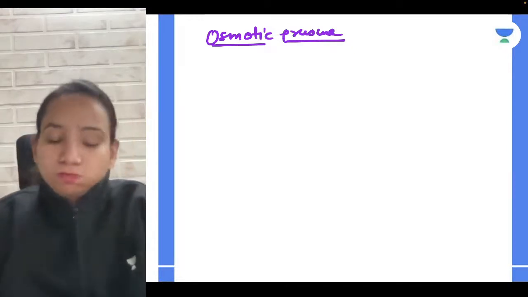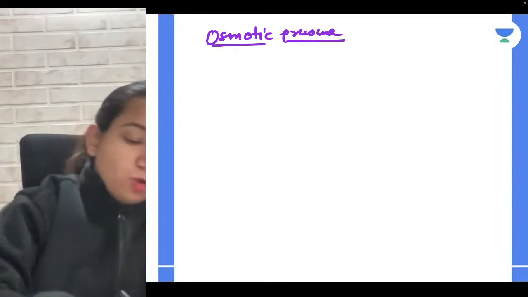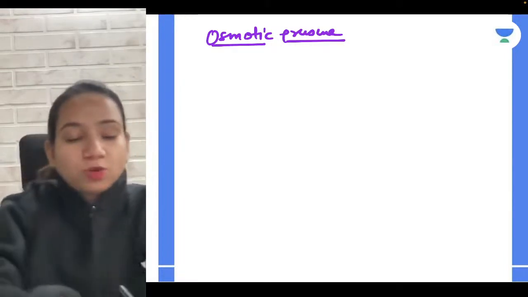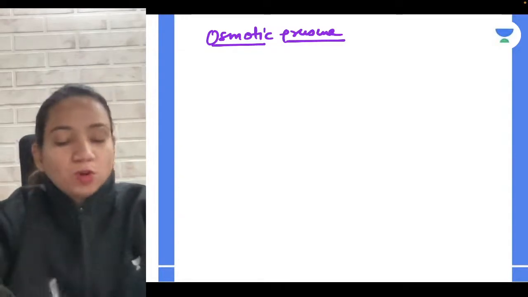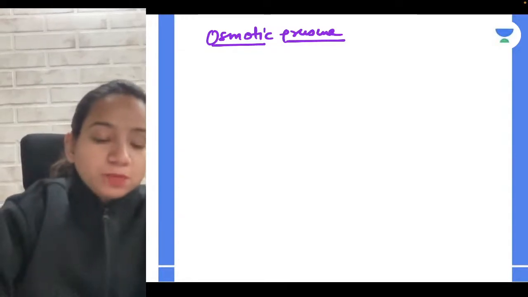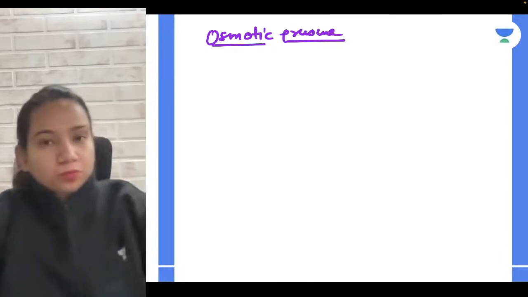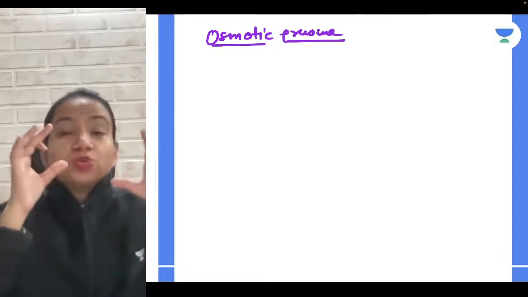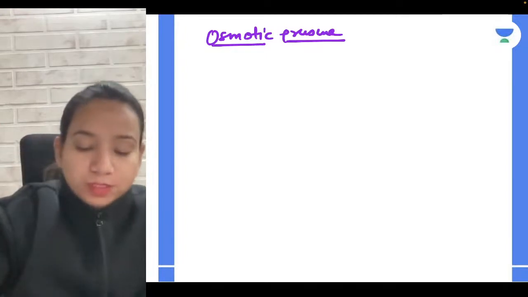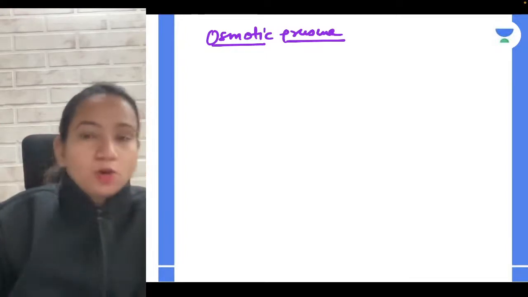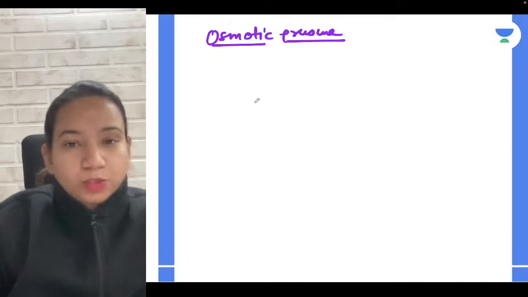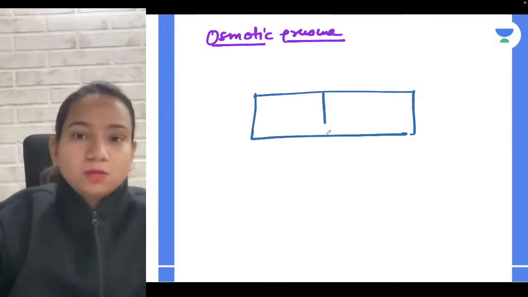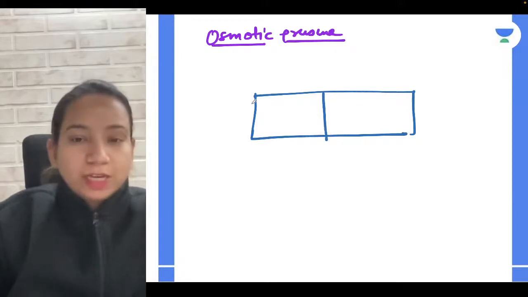Okay, so yeah, let's just start with the next colligative property, which is osmotic pressure. So what is osmotic pressure? All of you must have heard about osmosis, okay? But osmotic pressure is nothing but the extra pressure which is applied to the solution side. So in osmosis, you'll be having a container, like an apparatus, you can relate that, right?